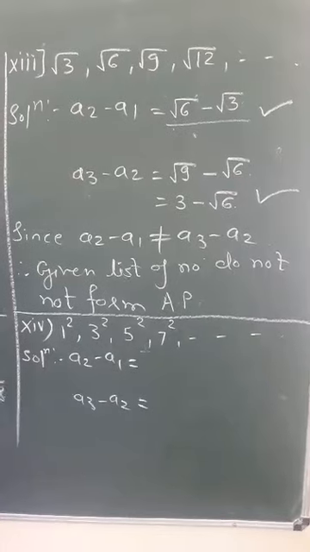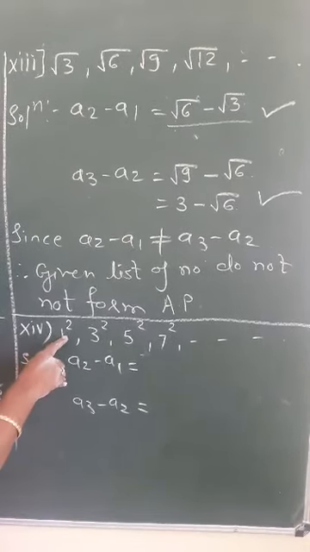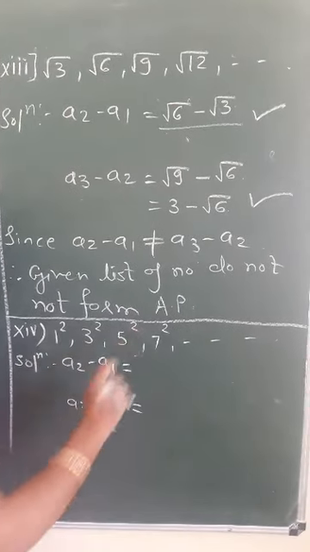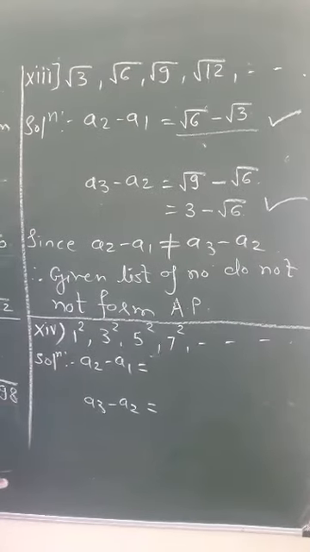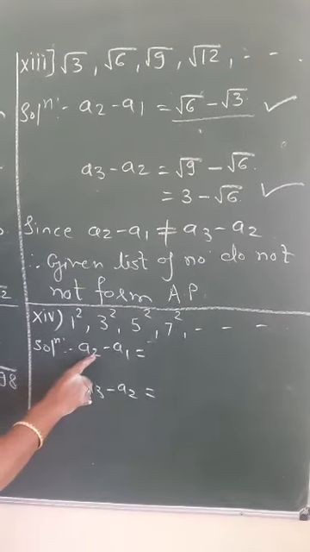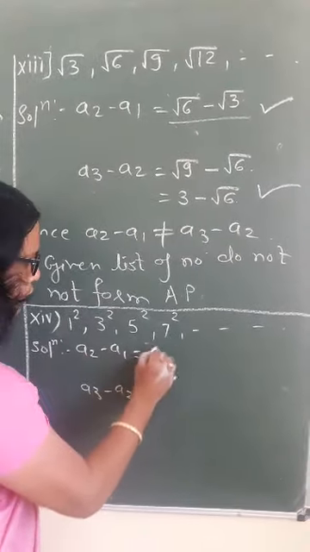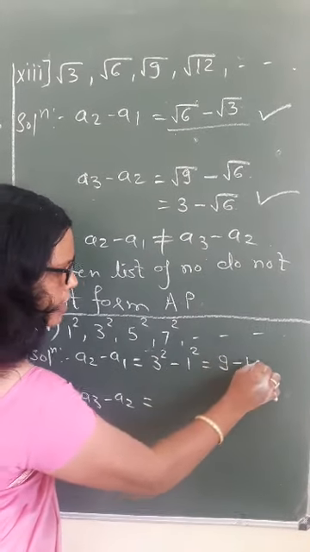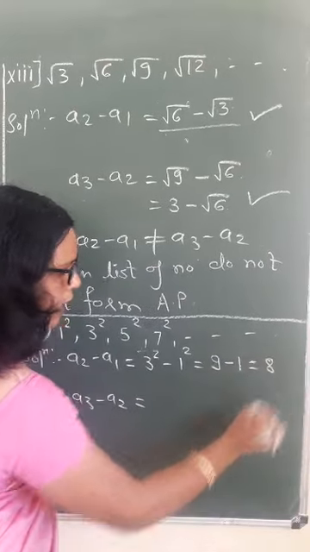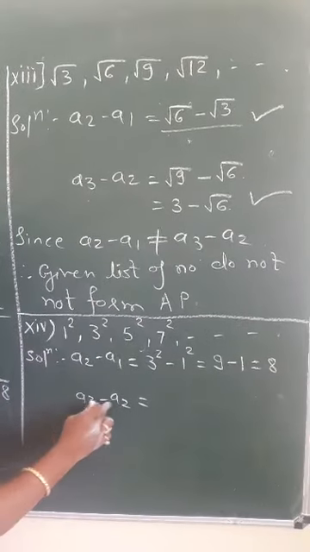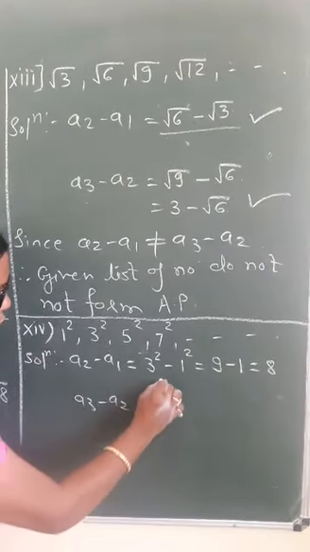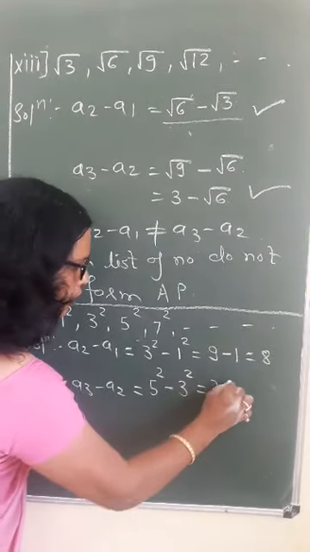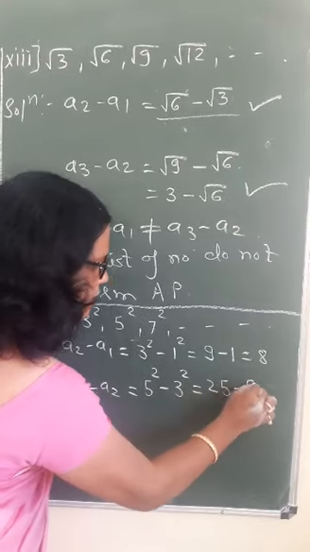Okay. 14th problem. 1 square, 3 square, 5 square, 7 square. Here also we have to check whether it forms an AP. So A2 minus A1. What is A2? 3 square minus 1 square. 3 square is 9, 1 square is 1. So we will get 9 minus 1 is 8. A3 minus A2: 5 square minus 3 square. 5 square is 25 and 3 square is 9.